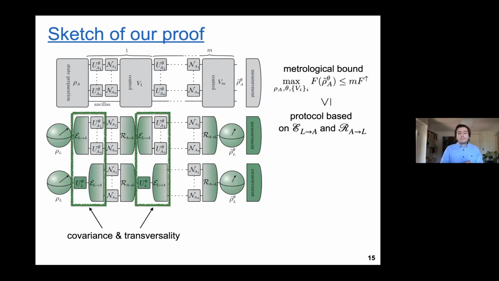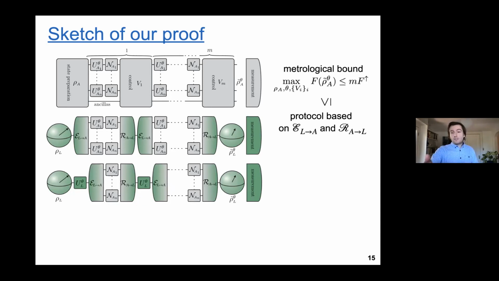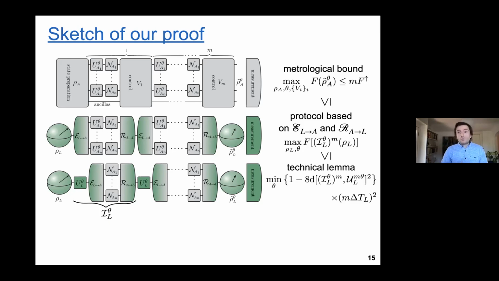Okay, but now we use assumptions about the covariance and transversality of this code. So we can push the unitary from the physical level to the logical level. Now the middle and bottom panels are equivalent. So we can compute the quantum Fisher information by analyzing what happens in the lower panel, on the logical level. What we need to use in our proof is one technical lemma, which I don't have time to go into.